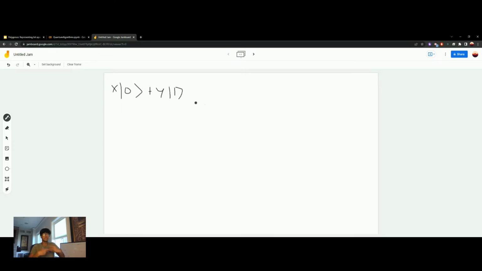Now, as we had mentioned, the same thing can just be equal to, so we'd have 0. Think of it like this. We'd have 1 of 0 plus 0 of 1. Please bear with my handwriting here.